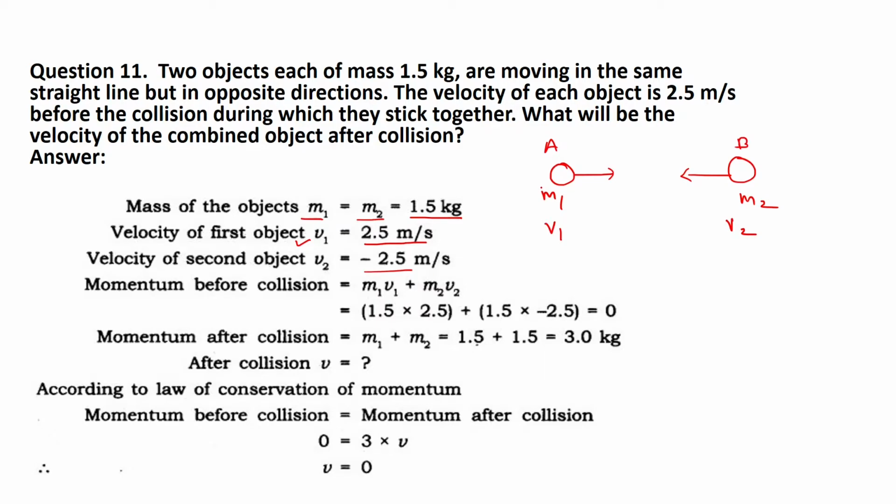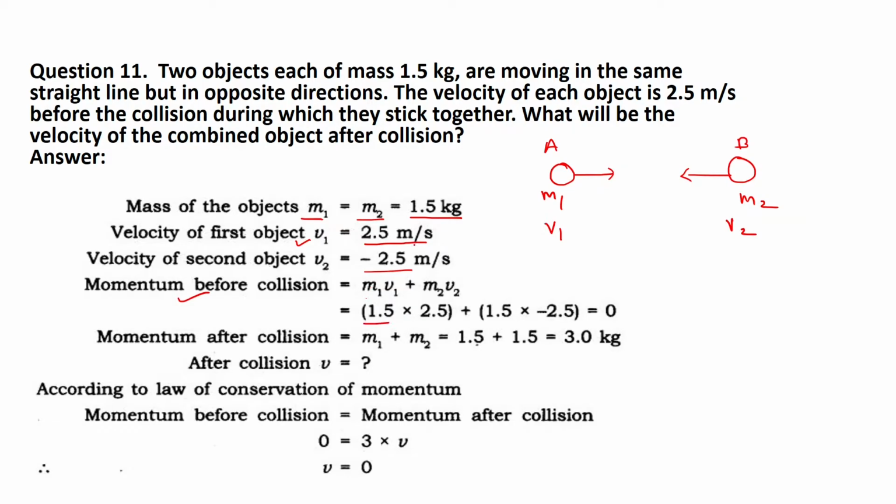So as we know, the law of conservation of momentum says the momentum before collision must be equal to the momentum after the collision. So this collision takes place and they stick together. Now what will be the momentum before the collision? Here m1v1 plus m2v2. So whatever the mass m1, we will write here 1.5.